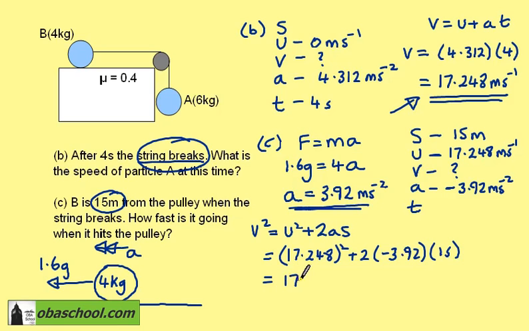And calculating this, we get 179.89 and so on. v is then the square root of this, which is 13.4 meters per second, correct to 3 significant figures.